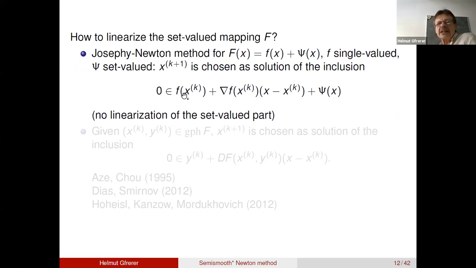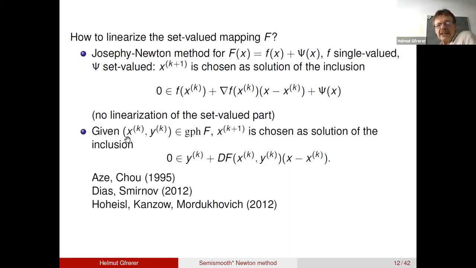Then you make a linearization of only the single-valued part. The set-valued part is not linearized. And there also exist some Newton methods based on the graphical derivatives, for which you can see some references below.